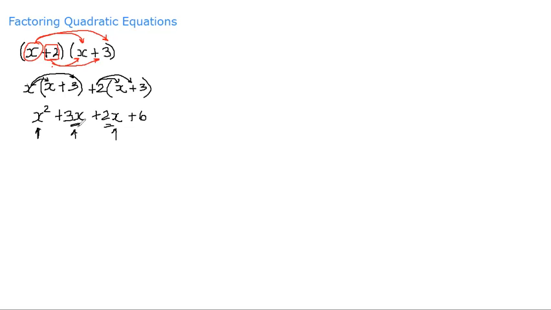I can only add like terms, so I can add 3x and 2x. If I add 3x and 2x, I can rewrite this expression now as x squared plus 5x, because 3 and 2 is 5, plus 6.